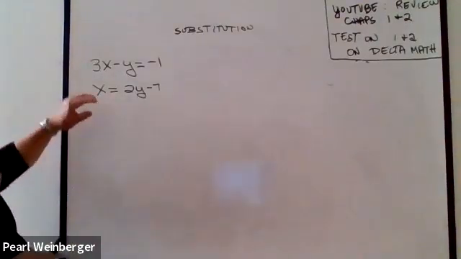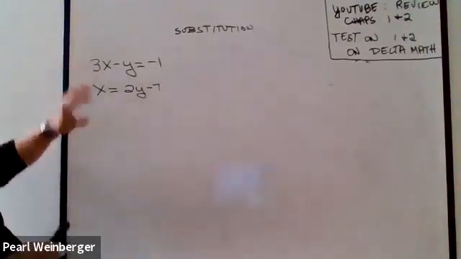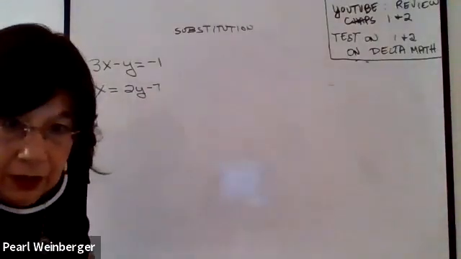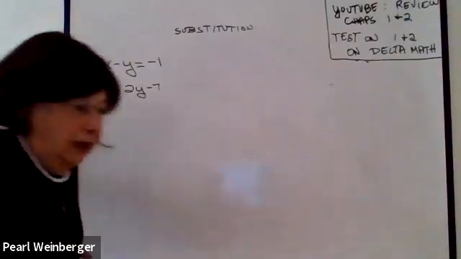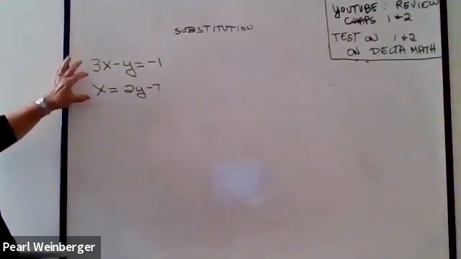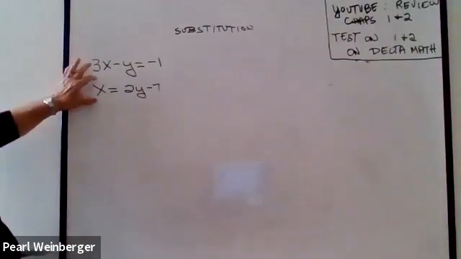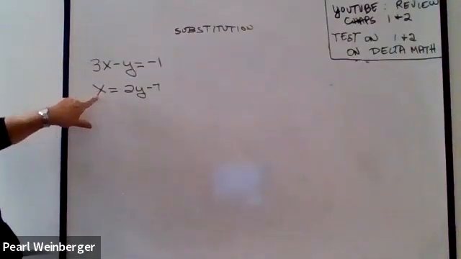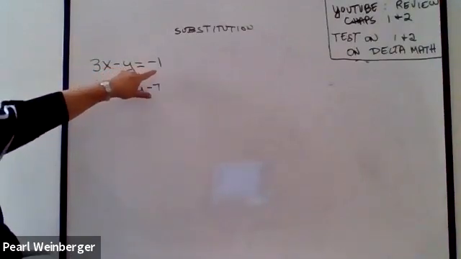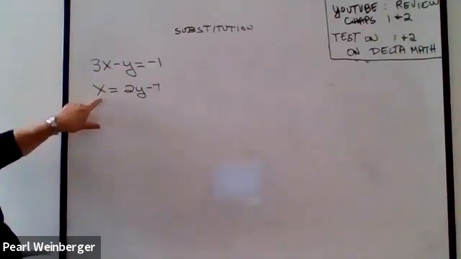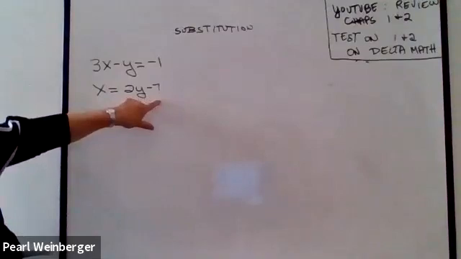All right. In this particular example, I see some people are sending me answers. It says that 3x minus y equals -1, and x is equal to 2y minus 7.